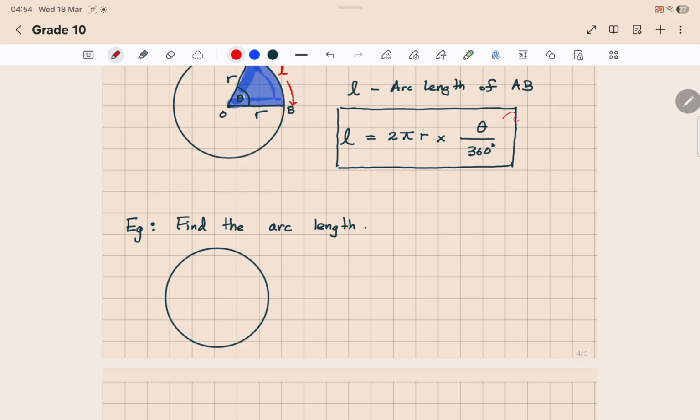Remember, theta is the angle at the center.